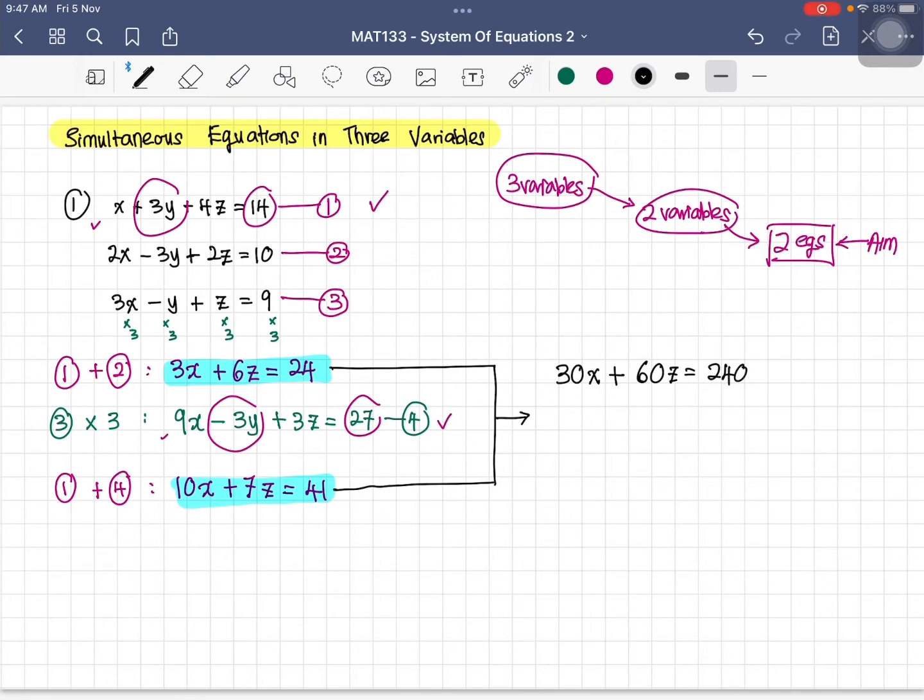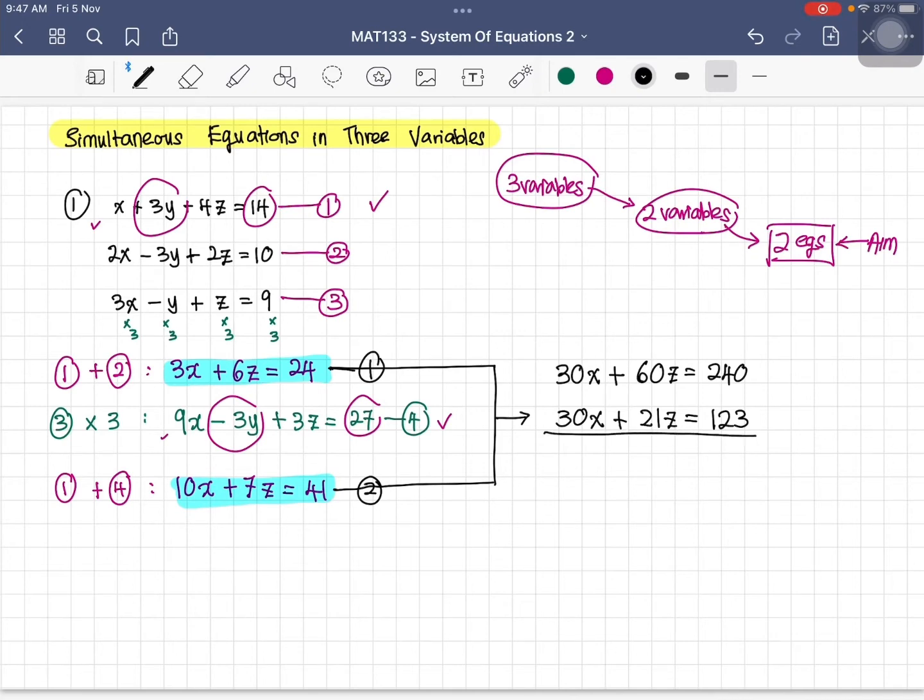The second equation should be multiplied by the constant 3, so I have 30x plus 21z equal to 41 multiplied by 3, which is 123. Because we are going to solve simultaneous equations in two variables.